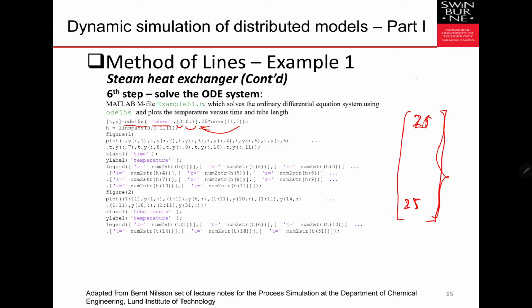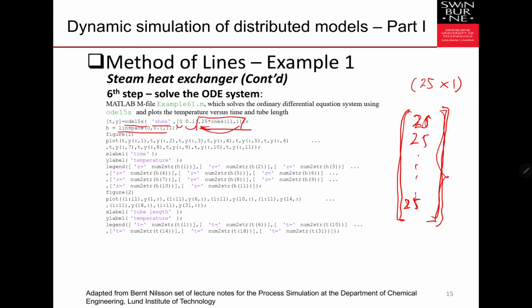We will have 25 rows multiplied by 1 column. Okay, so this will be 25, 25, 25. This is basically the initial guess values for the temperature.